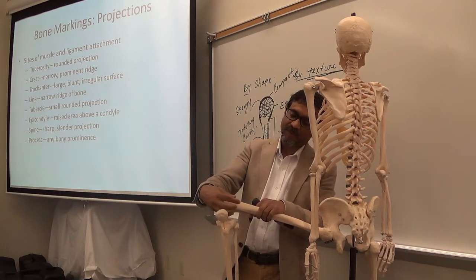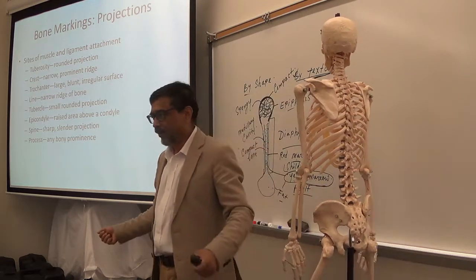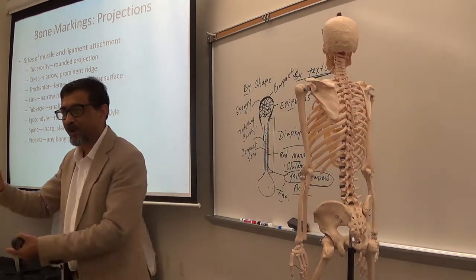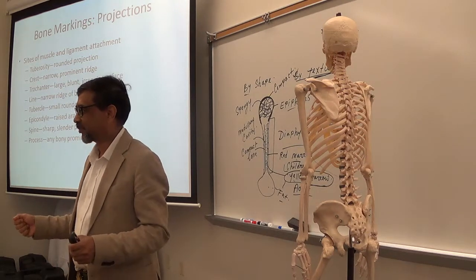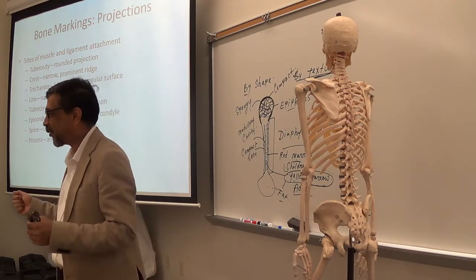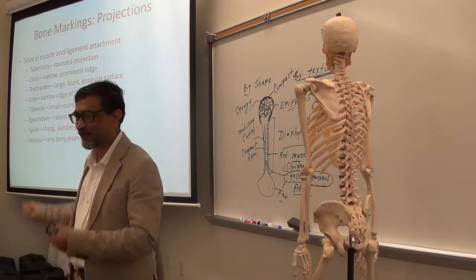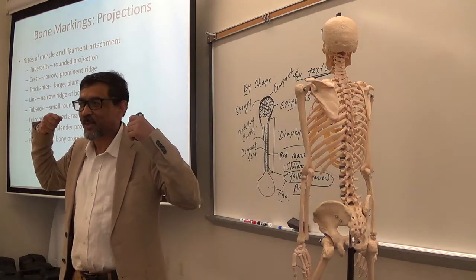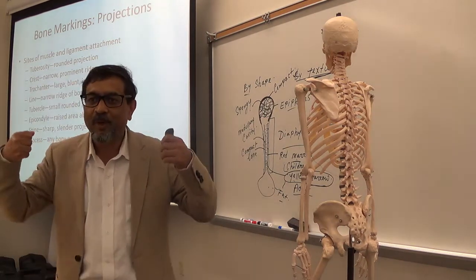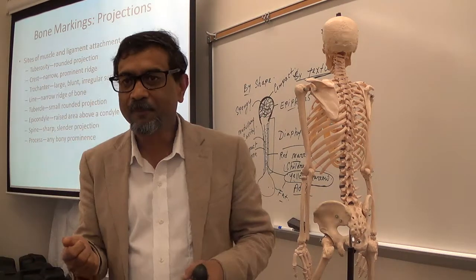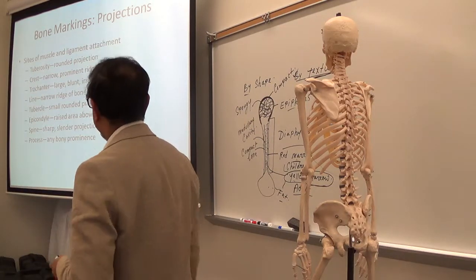Now, sometimes you take your small child to walk with you, right? After a while, your child says, Dad, I can't, or Mom, I cannot walk anymore. You put your child on your shoulder, right? So you are the condyle and your child is the epicondyle, sitting on the condyle, okay? So, epicondyle.